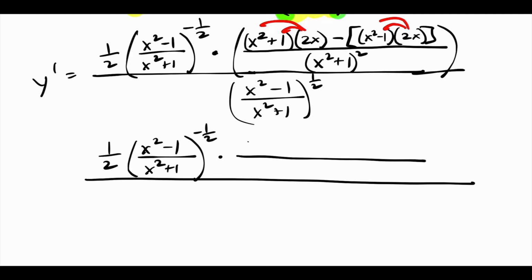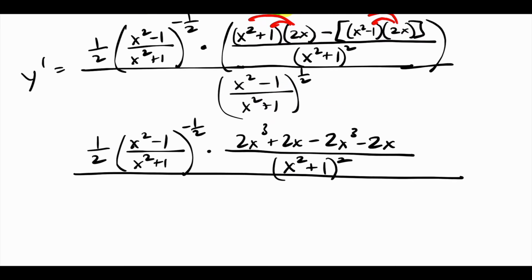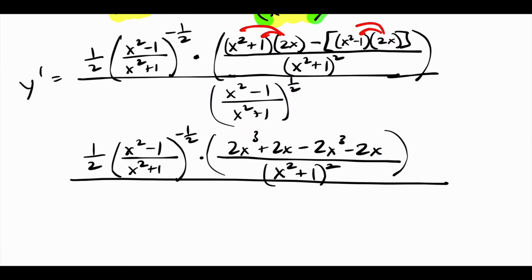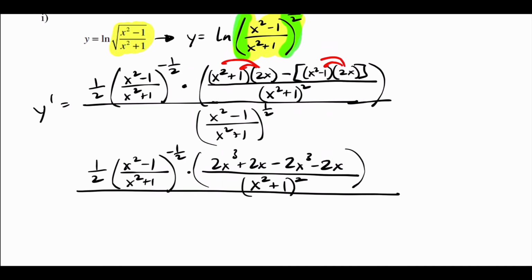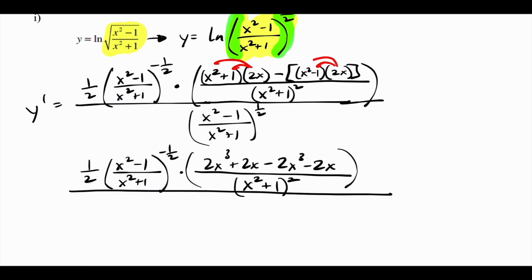So what I got to do is I got to go 2x cubed plus 2x minus 2x cubed minus 2x. Okay. And then the bottom stays the same.